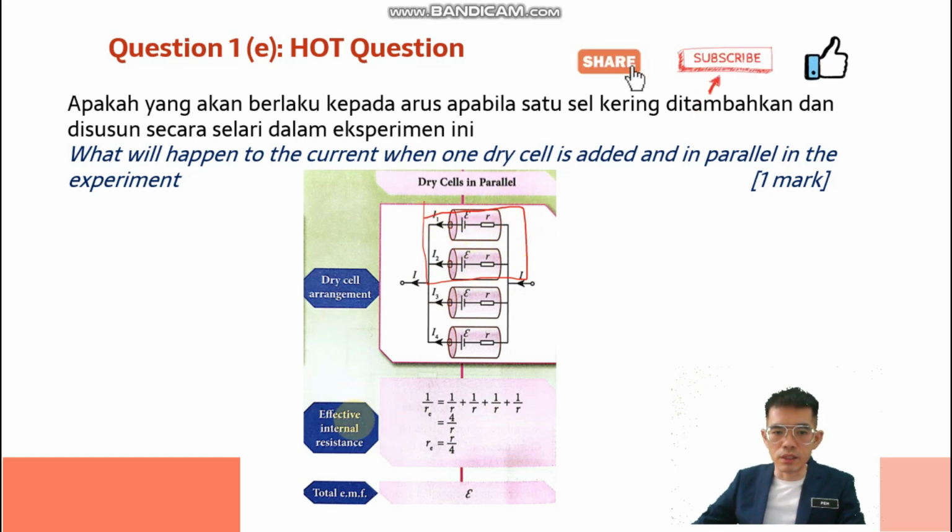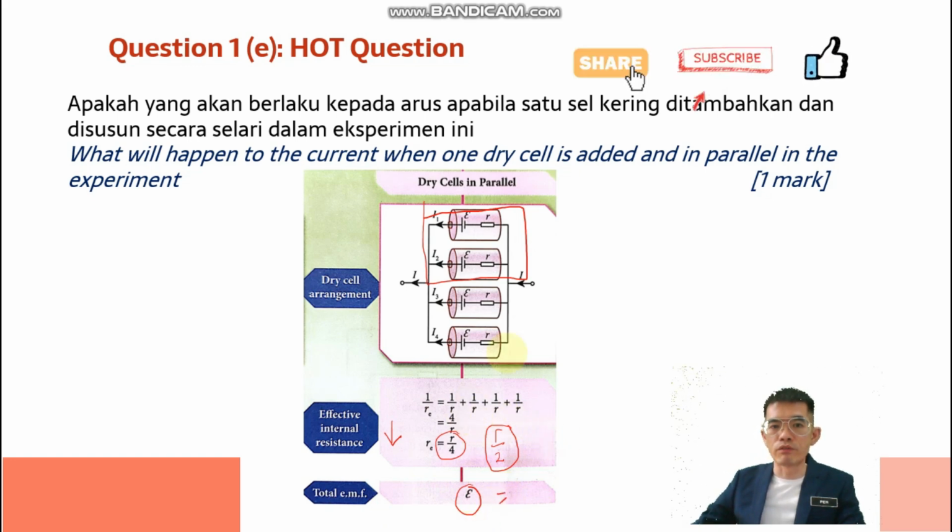You can see the effective internal resistance will be reduced. If we add one more, the resistance will become half. So this is the change for the internal resistance, where the value will be reduced. If you add one more dry cell in parallel, the E.M.F. is not affected; it still remains constant.